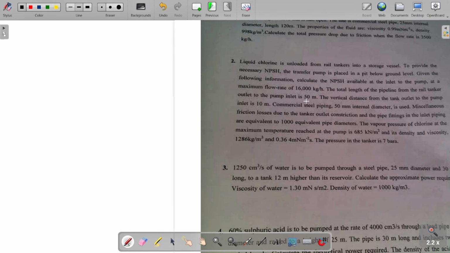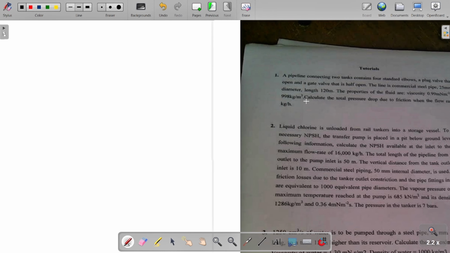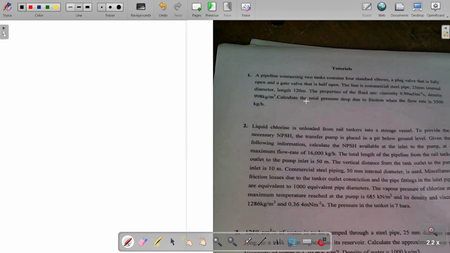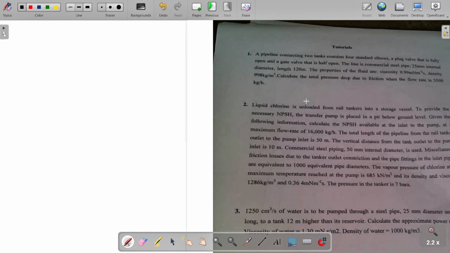The question is telling us that a pipeline connecting two tanks contains 4 standard elbows, a plug valve that is fully open, and a gate valve that is half open. First of all, we'll be using the equivalent pipe diameter method.